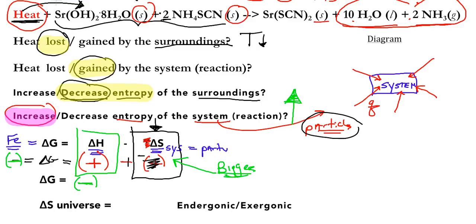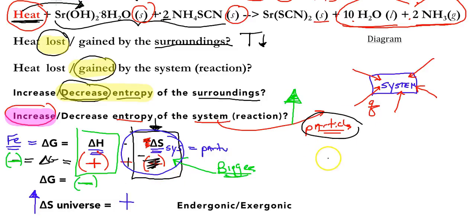Why? Well, I know it reacted and it did work, so this had to compensate. Delta S in the universe is definitely positive. It increased. Why did it increase? Well, it had to. It's an exergonic reaction. It's spontaneous. Why did it increase?